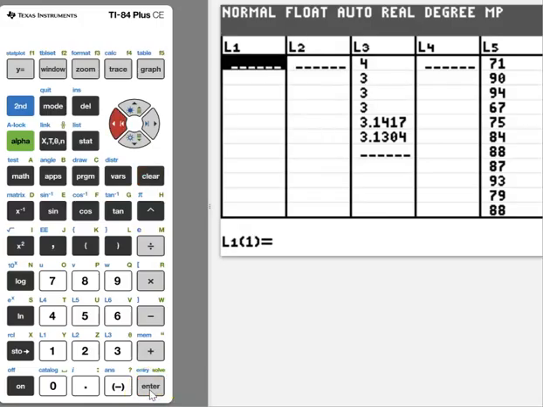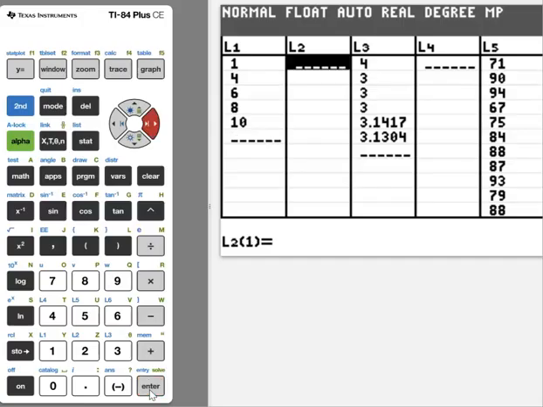All right, so for list 1, 1991 would be 1, 1994 would be 4, 1996, 1998, and 2000, right? Because it said let 1 equal 1991. So it's just our years after 1990 is what that's representing.